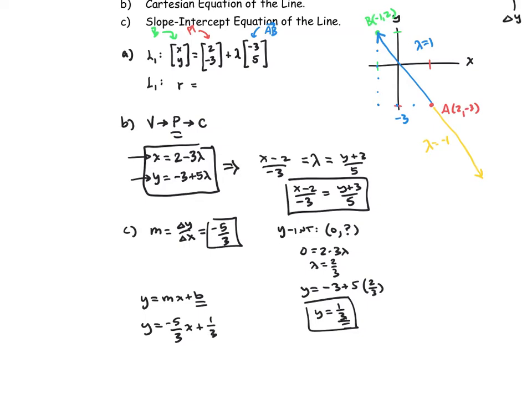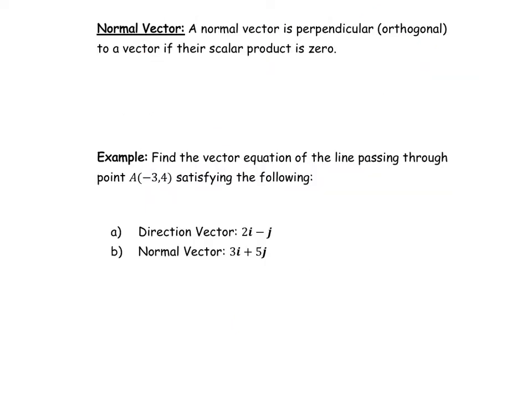If I look back up at my graph, that looks like I was pretty close. The accuracy of my graph was pretty good. My dog's whining. Okay. A little human error there, but that is the slope-intercept equation of that line. All right, let's continue with the next slide.